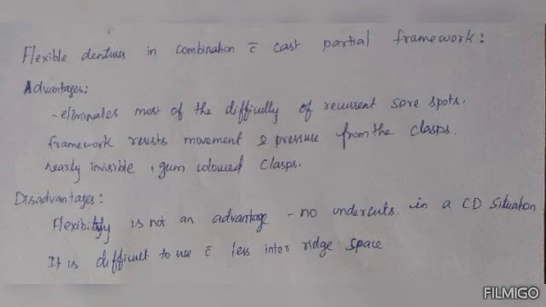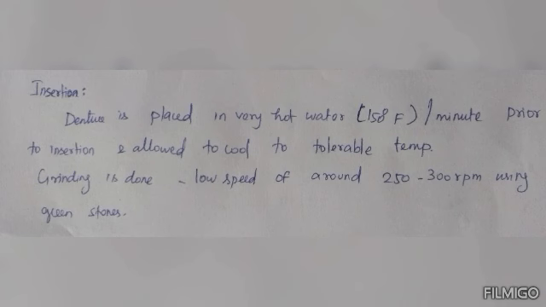What are the disadvantages? Flexibility is not an advantage here. There are no undercuts in this situation. It is difficult to use with less interridge space. If we use flexible denture with the cast partial framework, we need more interridge space.